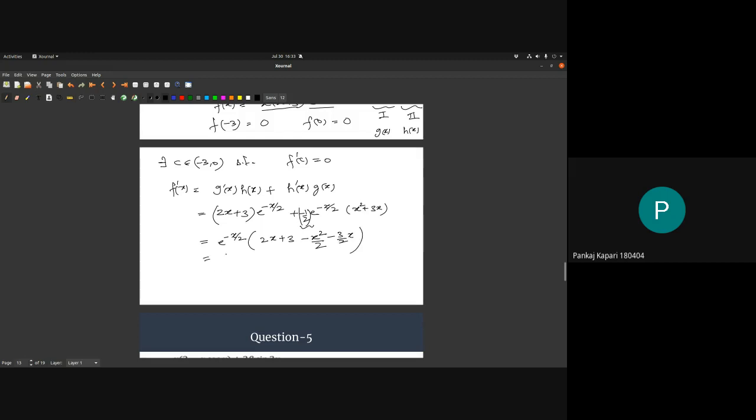You can take minus half also common. If you take minus half common, then you'll get e to the power minus x by 2 times x square minus x and minus 6.